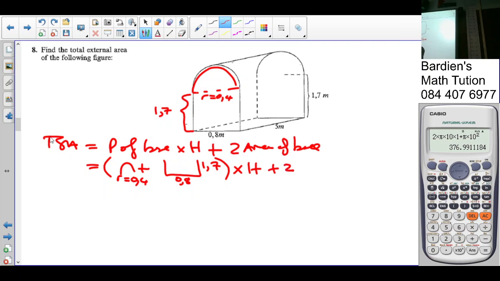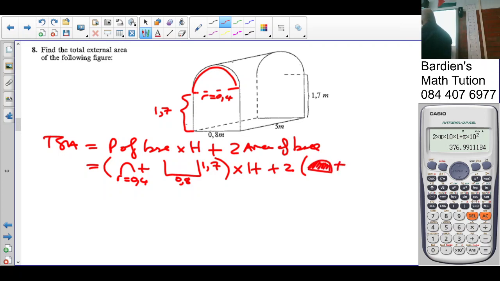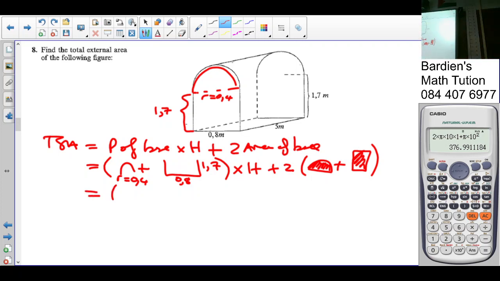Now the area of this base is going to be made up of a semicircle plus a rectangle. Are you all okay with that? Right. So, how do you calculate the perimeter of a circle? 2 pi r.